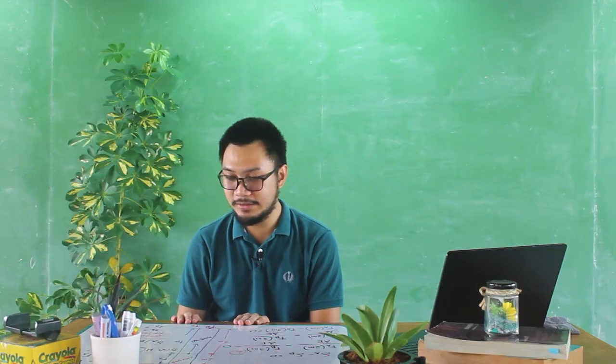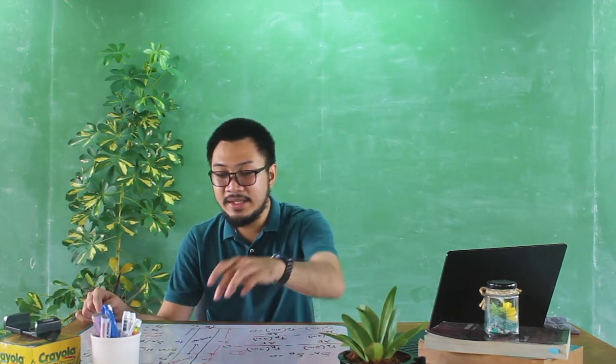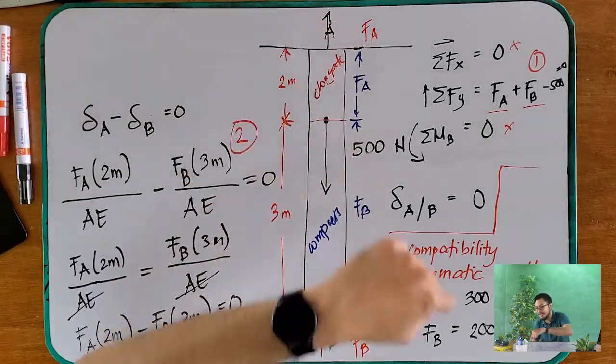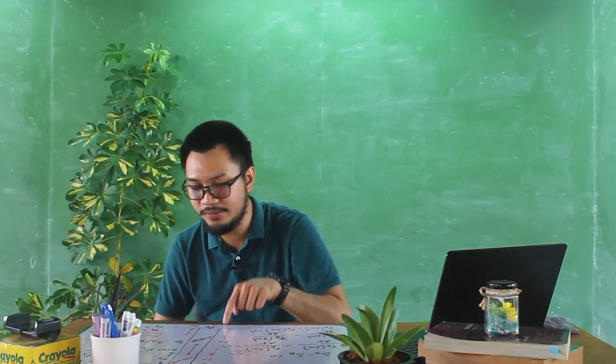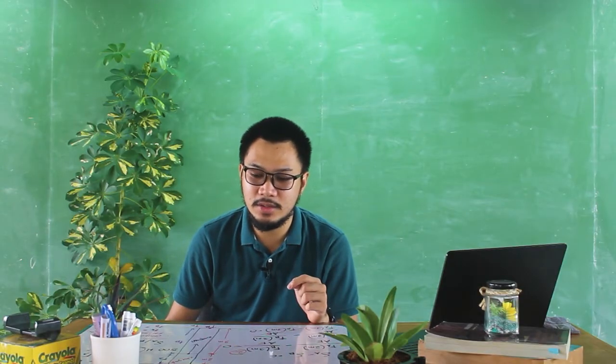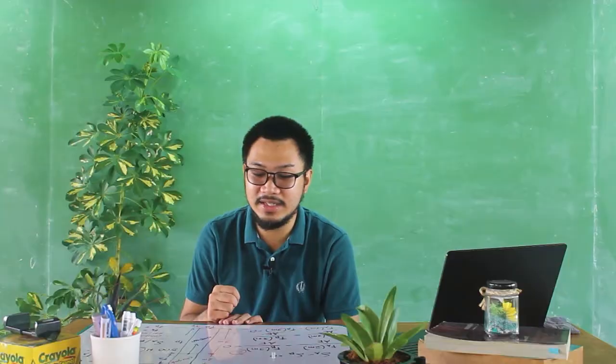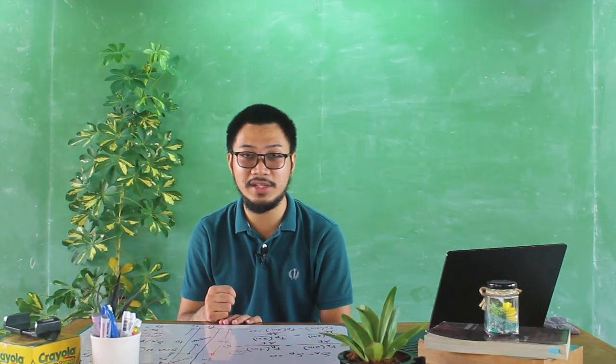We have learned nga the forces nga nag-support sa atong A ug sa atong B is 300 for FA and 200 for FB. So, again, we cannot solve this problem by only having your equilibrium equations. But since we have learned another equation that we can use, which is your compatibility or your kinematic condition equation, then you can still solve this problem.